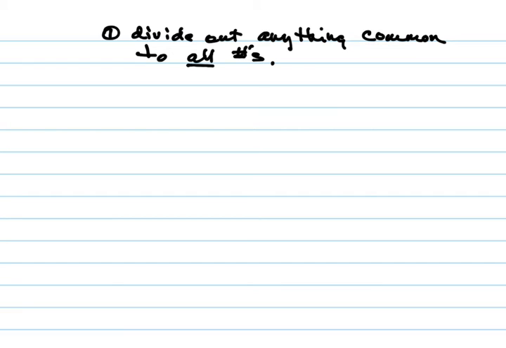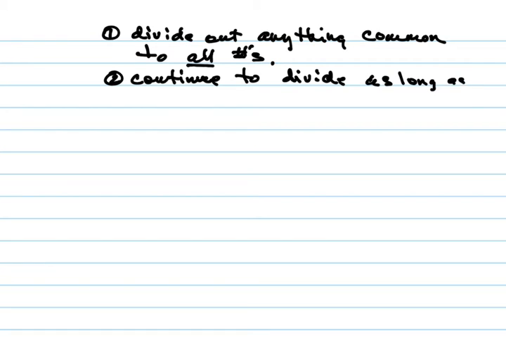You could be finding the LCD for three numbers. But it has to be common to all of them first, right? Okay? Okay. Then, continue to divide as long as something is common to two numbers.